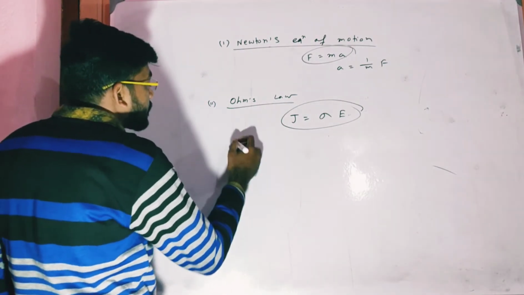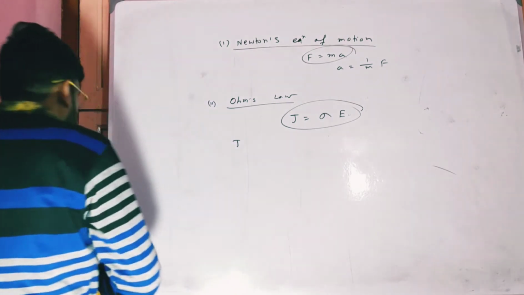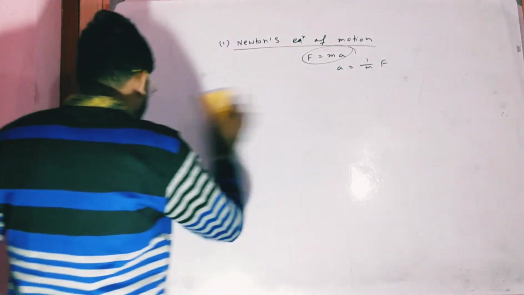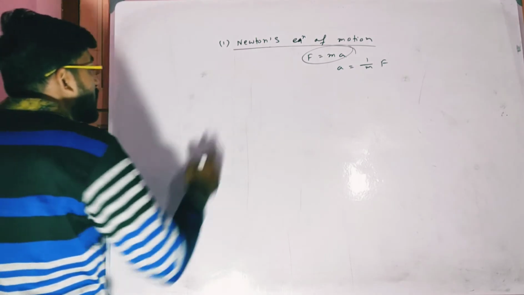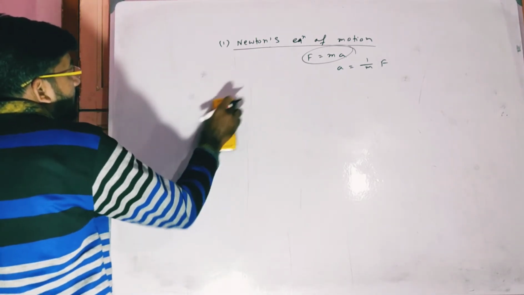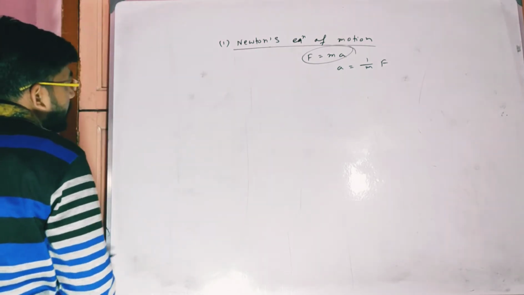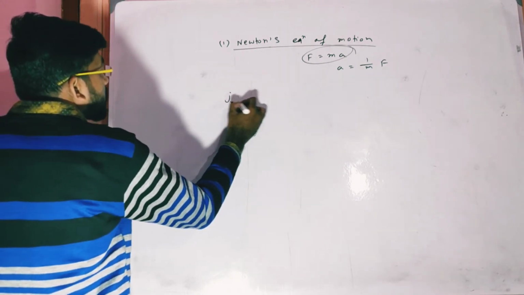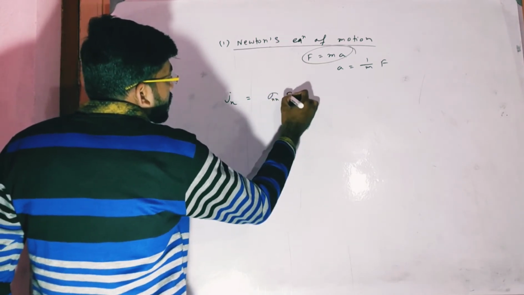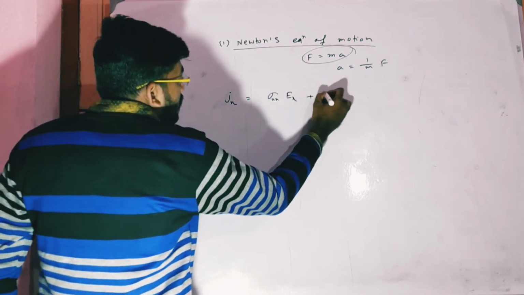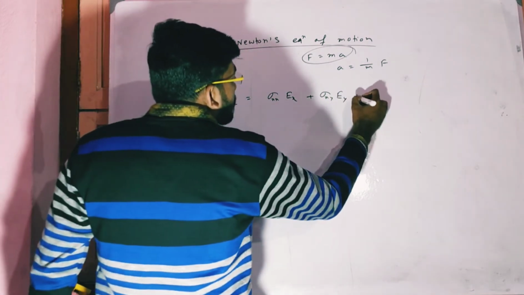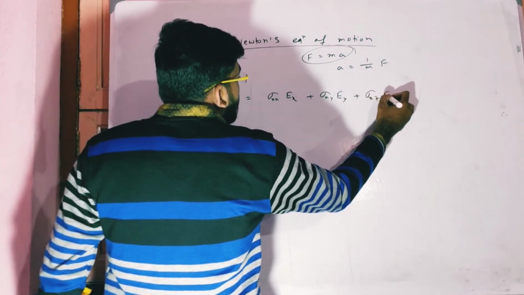Jx, I think I have to write uppercase, Jx is equal to sigma xx Ex plus sigma xy Ey plus sigma xz Ez.